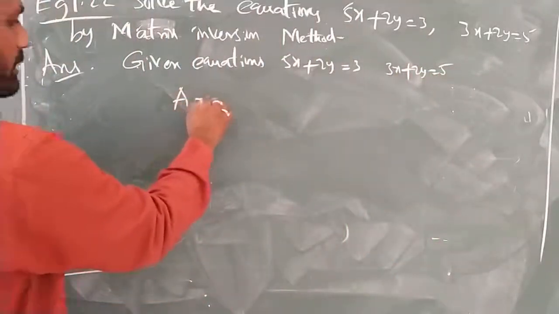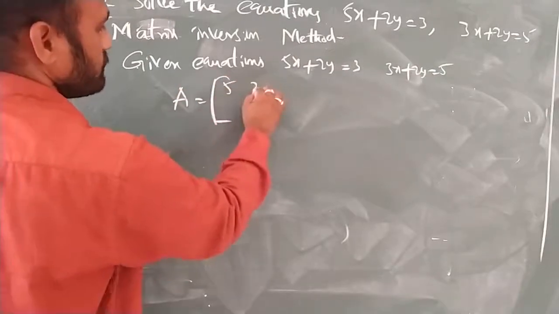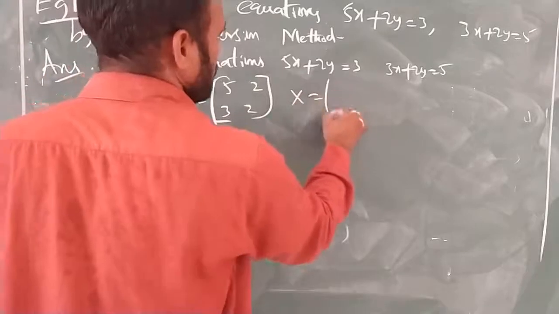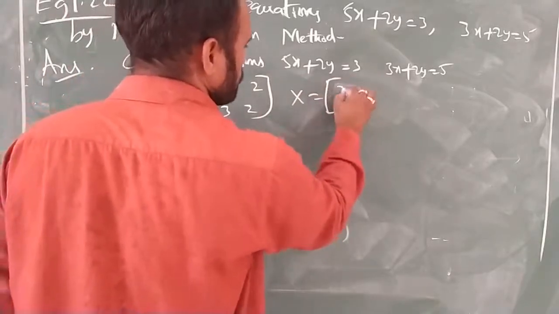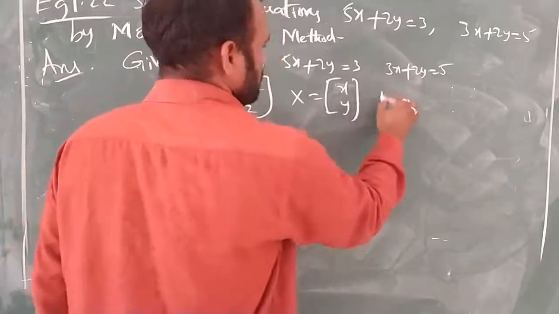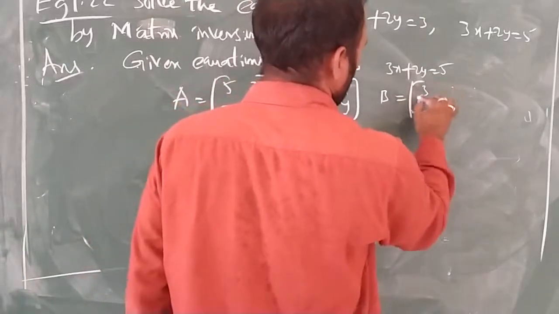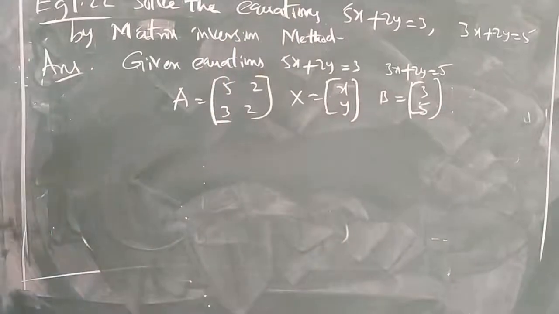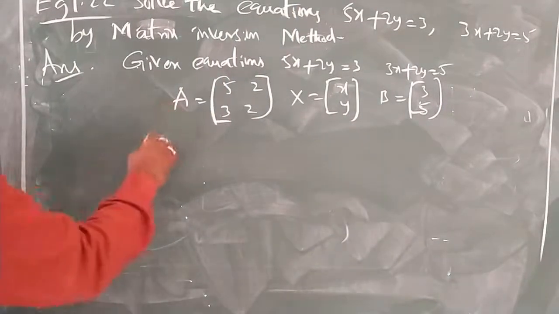So matrix A, which is 5, 2, 3, 2, is the coefficient matrix. The variable matrix is x, y, and the B matrix is 3, 5. First you need to find the determinant of A. Why?